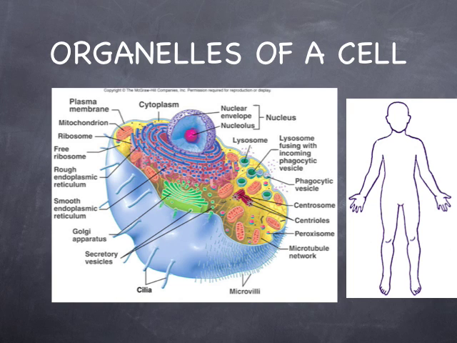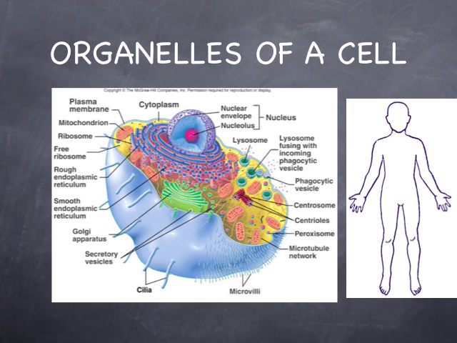But it doesn't give us any idea of the variety, right? There is no cell in your human body that looks like this. This has got a little bit of everything. This is like making the average person and making them look African American, Asian, and white all at the same time. You can't do that. That's kind of what this picture is. This has got parts of all sorts of different cells in it. You wouldn't see a cell really like this.